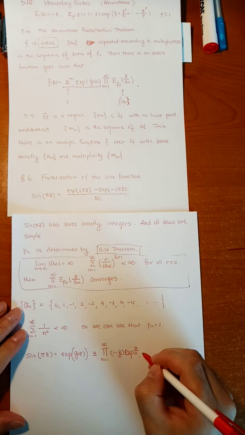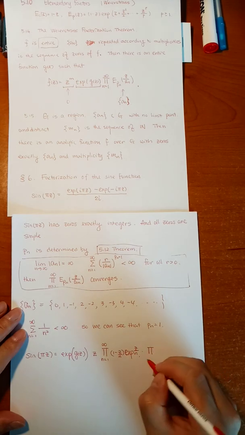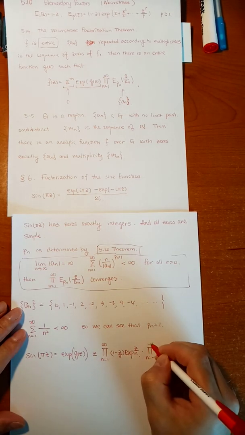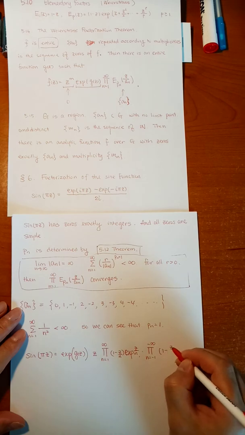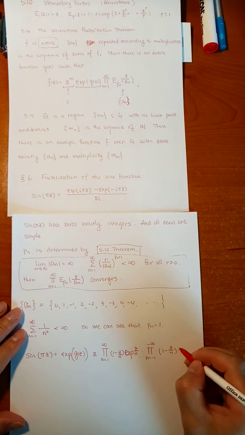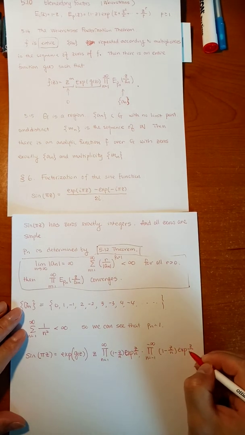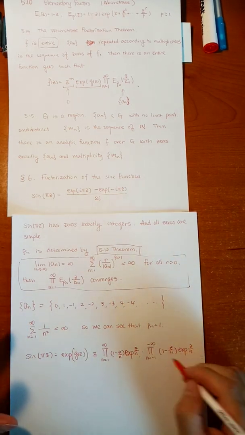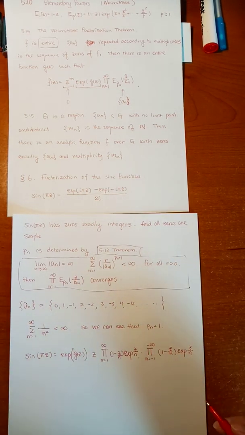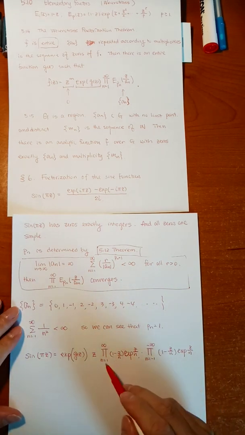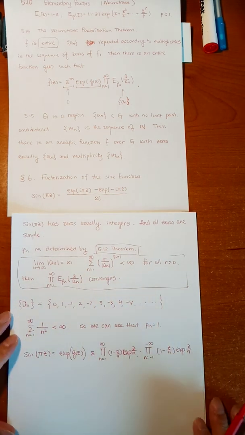And also the infinite product from n equals -1 to -infinity of 1 minus z over n, exponential z over n. The same formula, but a different infinite product: one goes from positive 1 to positive infinity, the other from -1 to negative infinity.